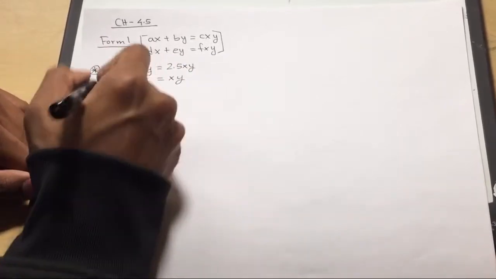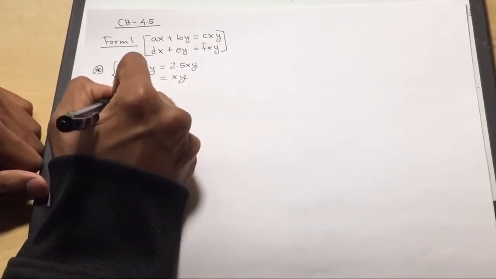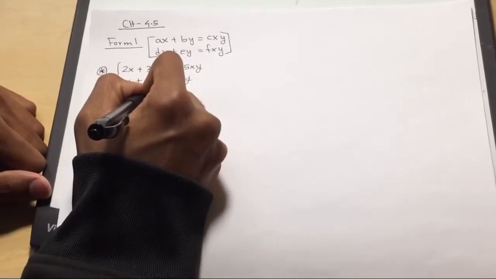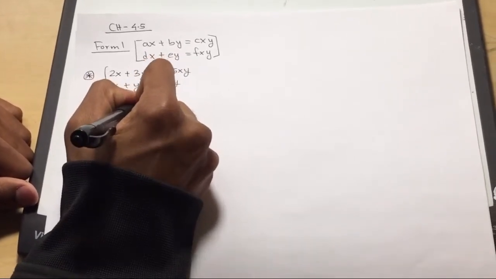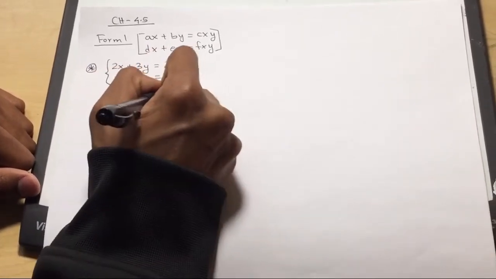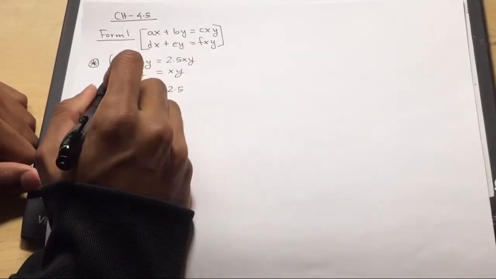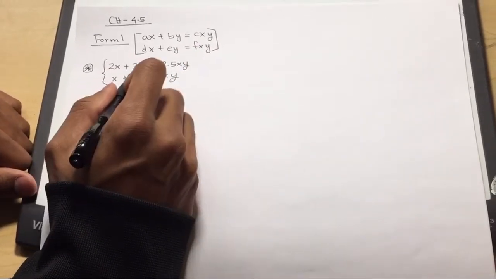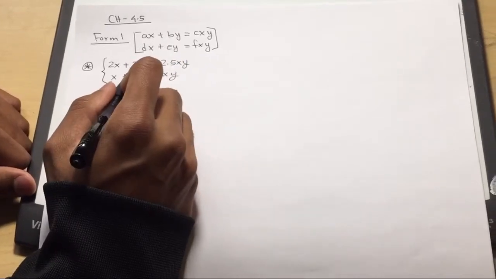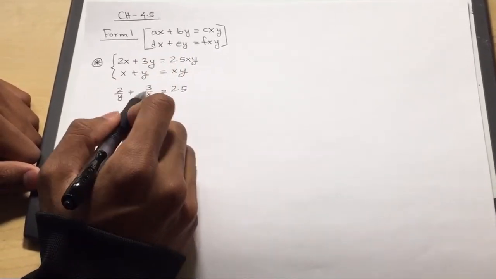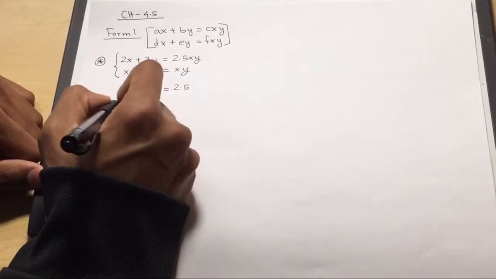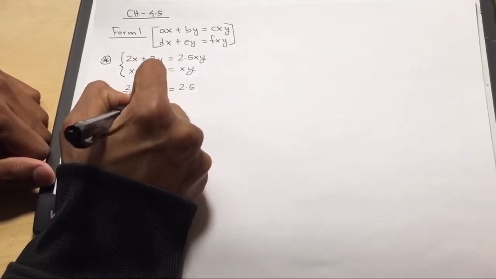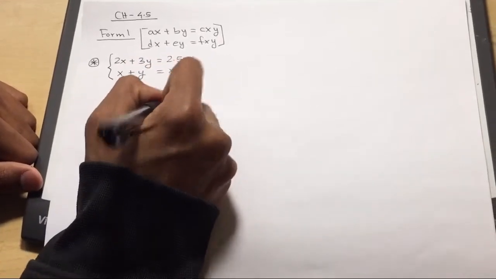So when I do it, what I get is 2 over y plus 3 over x equals 2.5. When I divide by x, x cancels out, so it's going to be 2 over y. And then when I divide by y, y cancels out, and I get 3 over x. So the same for this one. What I'll get is 1 over y plus 1 over x equals 1.